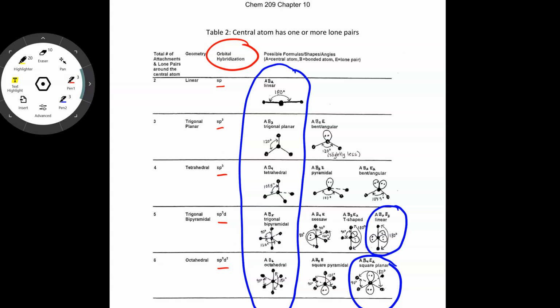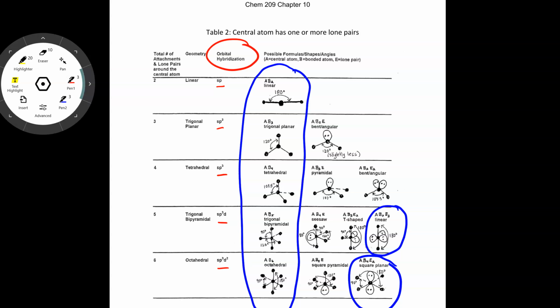The way you go about identifying the hybridization of an atom in a molecule is you figure out first its molecular geometry.